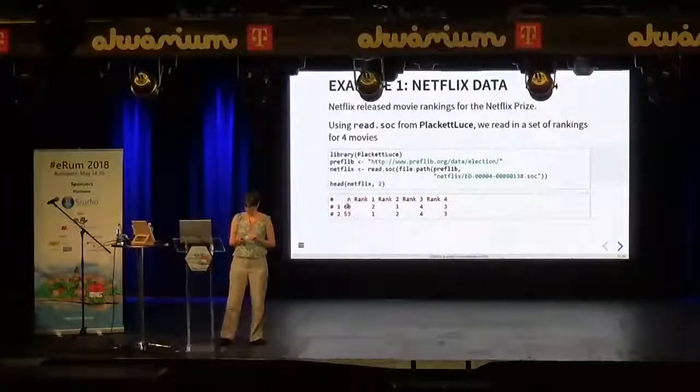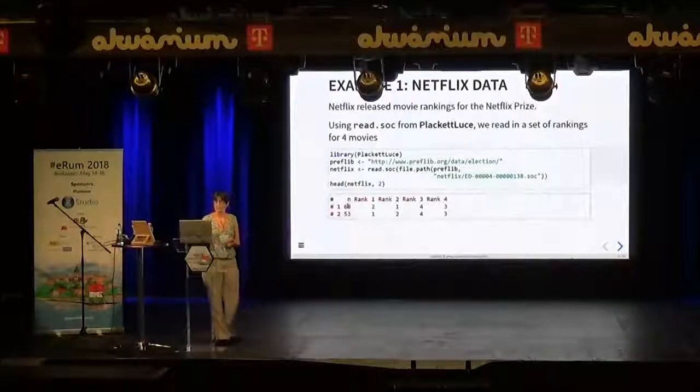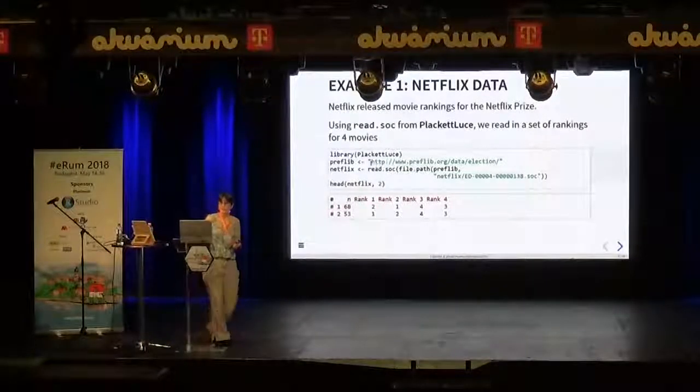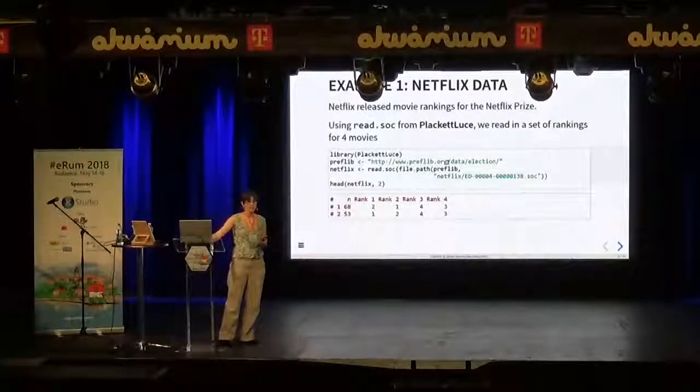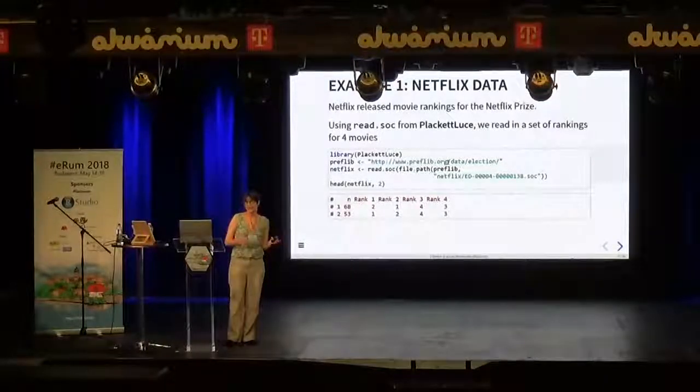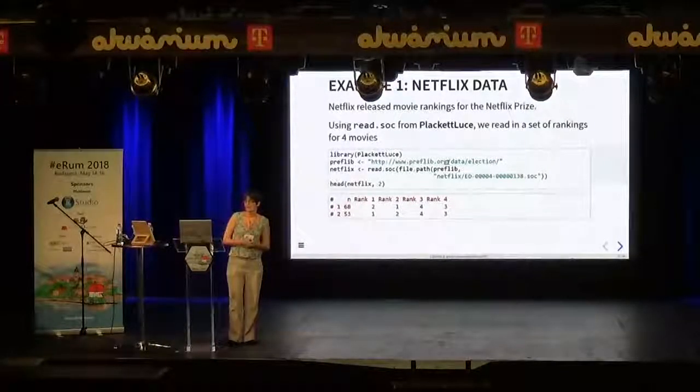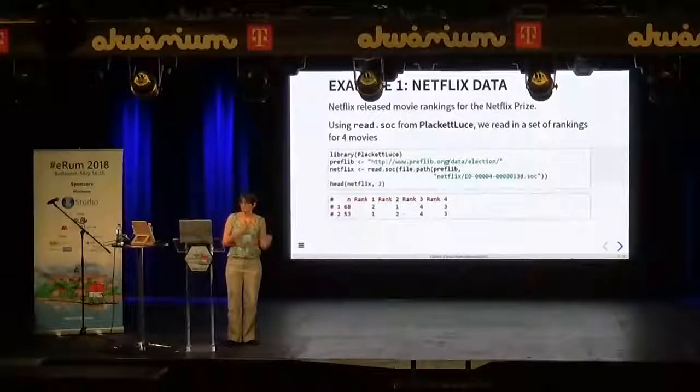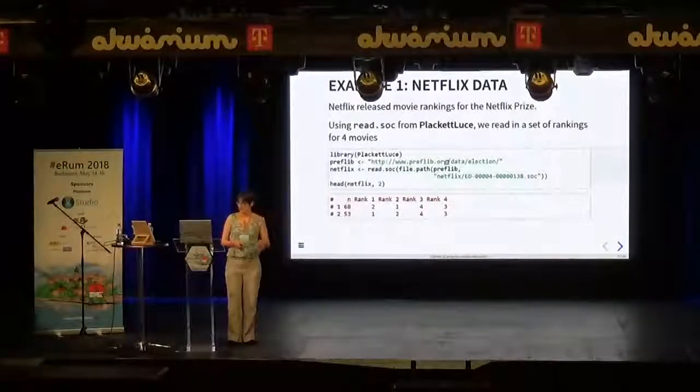So I've got the web address here for PrefLib, which is a library of preference data. It's various standard data sets that the community have shared to work on modelling and so on. So we can read in this data using this read.soc function, just directly offline.